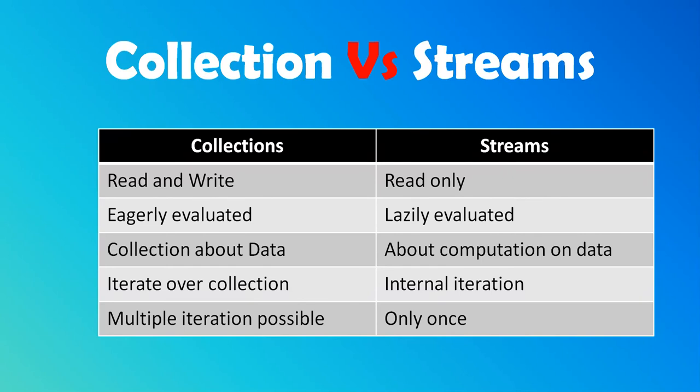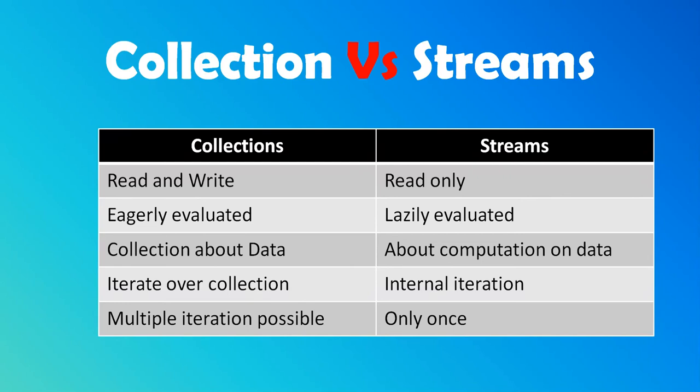Everything is possible under the streams. Collection is all about the data, but streams is not like that. It's about how we are going to work with the data, the computation on a data. Collection is iterated over the iterator, but streams use internal iteration, with the help of the forEach method.